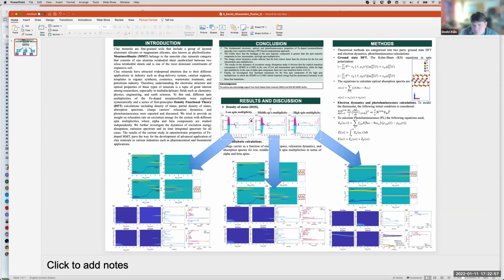So maybe one can even add here the idea of David with diagrams showing the density of states, and then by arrows showing that it's like a map for how to interpret the results.